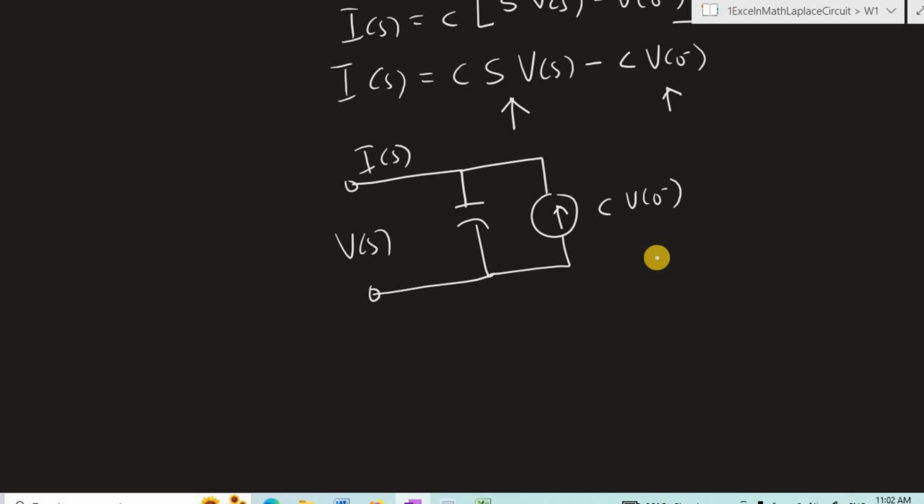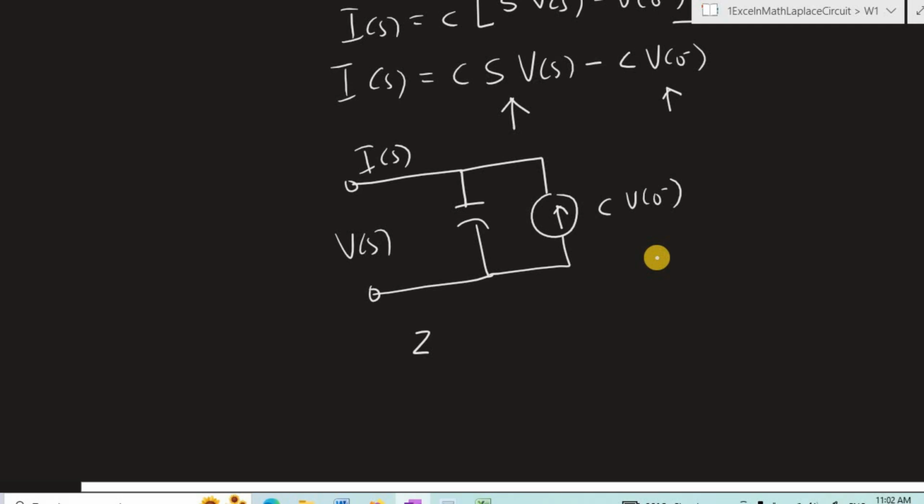So now it's time for us to calculate the impedance of the capacitor. The impedance is simply voltage over current.